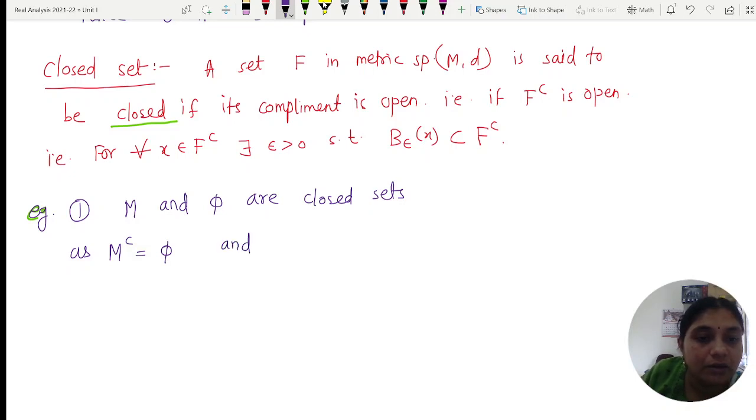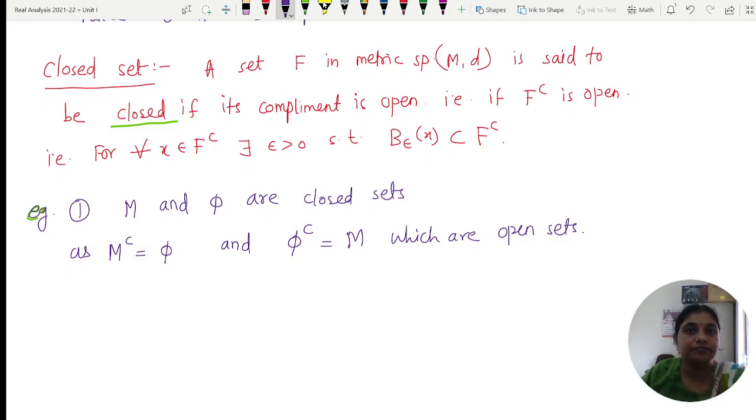And the empty set complement is the whole space. They are open already, which are open sets. Therefore, the whole space and the empty set are open as well as closed sets. These are trivial sets. Okay.